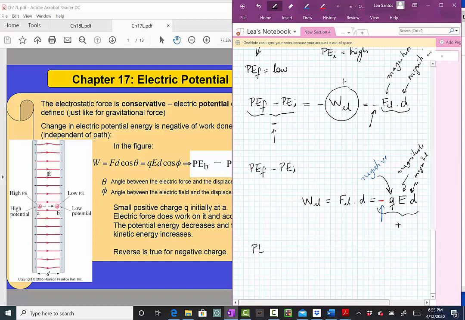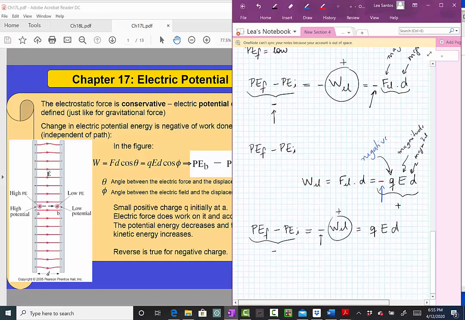We just have to remember that we do care about the sign of the Q. So the change in potential energy is negative. And how do we write that? I'm going to put minus the work, because the work is positive. And what is the work? The work is this minus QED. So minus with this minus will give me plus QED. But don't worry, because this Q is negative, so I still correctly get that the change in potential energy is negative.